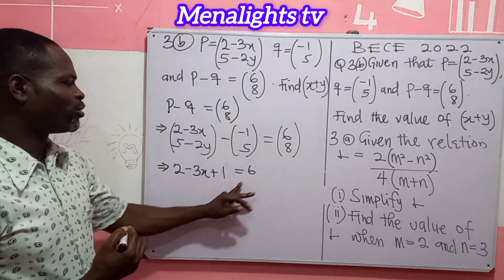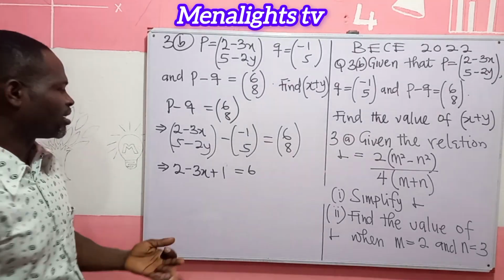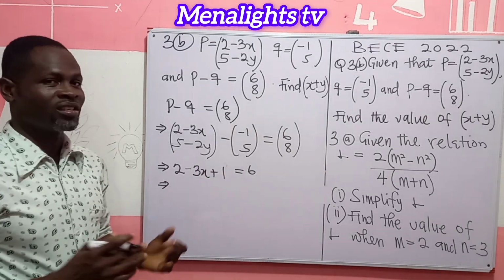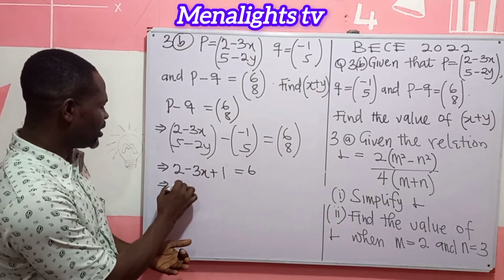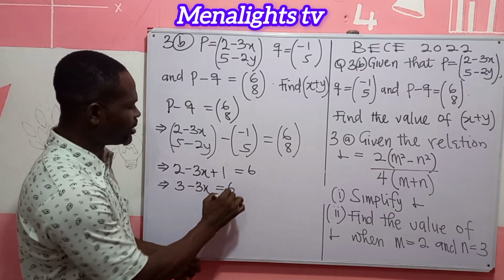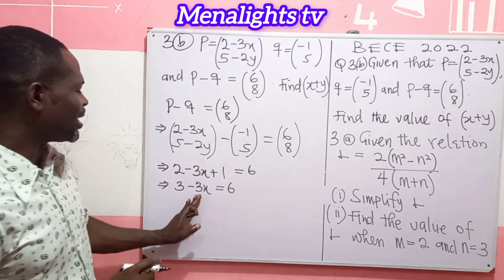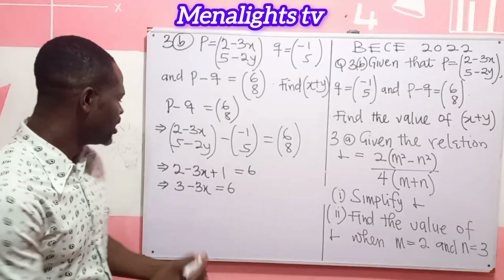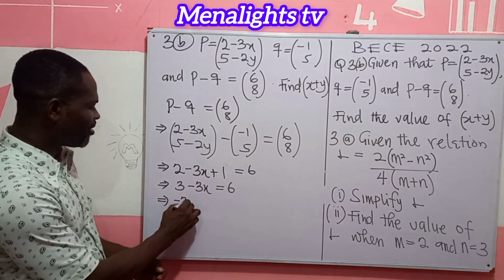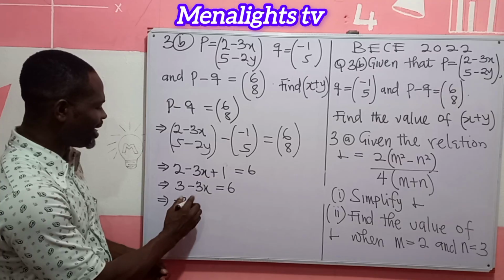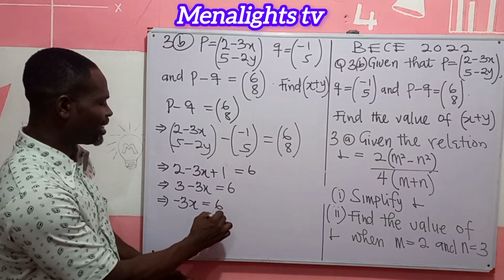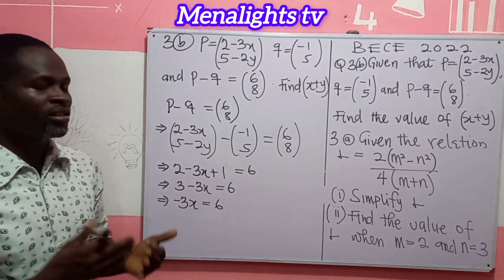So now that we have this, we can simplify to get the value of x. So 2 plus 1 will give us what? 3. So we have here 3 minus 3x, which is equal to 6. That is the first one. 3 minus 3x, which is equal to 6. So we can continue to simplify by having negative 3x, which is equal to, now the 6 is here, so you write the 6 down, and this 3 is positive.